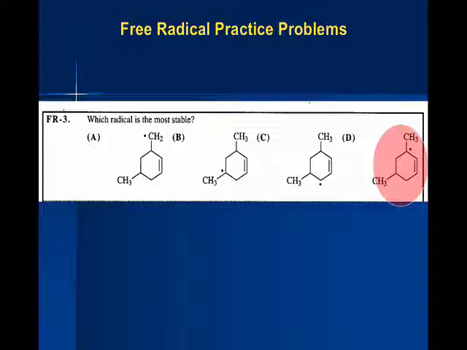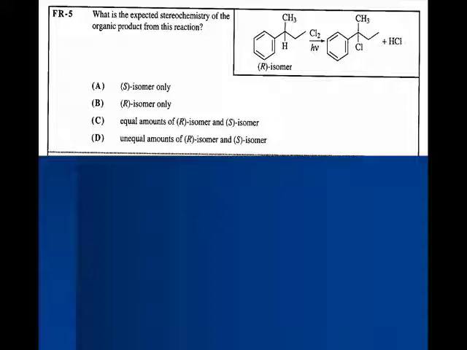So, good. How about FR5? What is the expected stereochemistry of the organic product from this reaction? So we're starting off with the R enantiomer of this molecule. We're subjecting it to free radical chlorination, and we get this product. What would we expect the stereochemistry of the product to be?